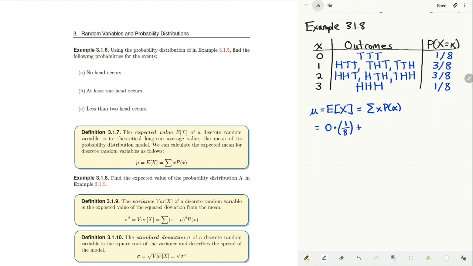And then we add this to our next value of x, which is 1, and we multiply this by its corresponding probability, which is 3 out of 8. And then we add this to 2 times its corresponding probability of 3 out of 8. Then we add 3 times its corresponding probability, which is 1 out of 8.